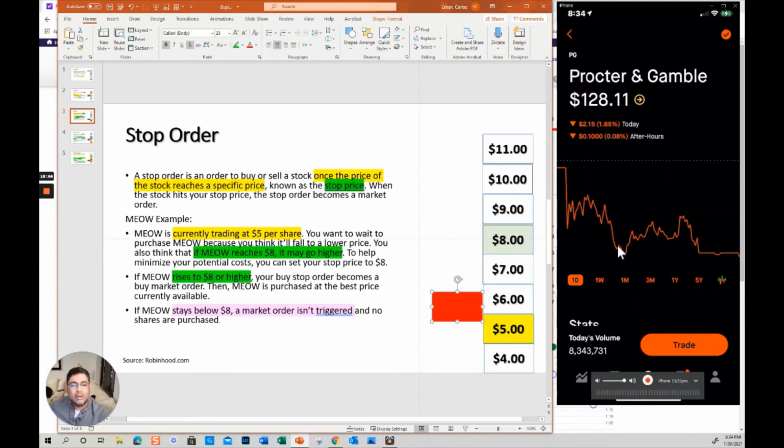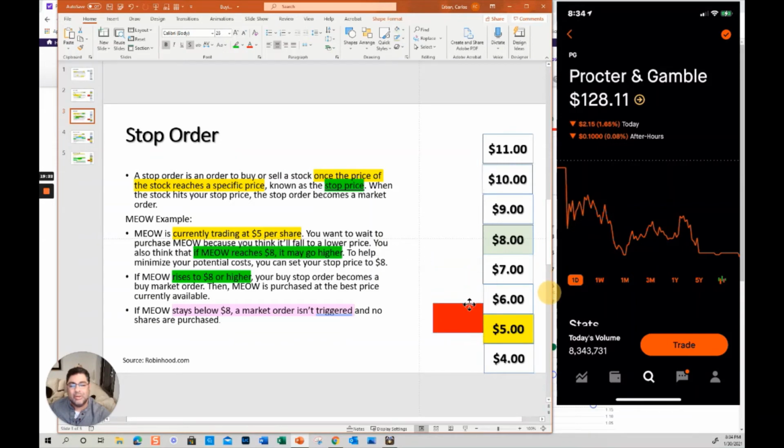So you're here, you think it's going down, but you don't know if it's still going to go up, but you think that if it reaches a certain level, it will continue going up. So the most important thing is that $8 is the magic number. It's at 5. If it goes to 4, nothing happens. If it goes to 6, nothing happens, because you think it's still going to keep going down.